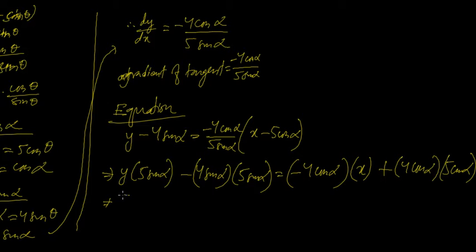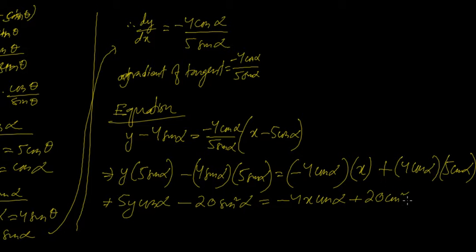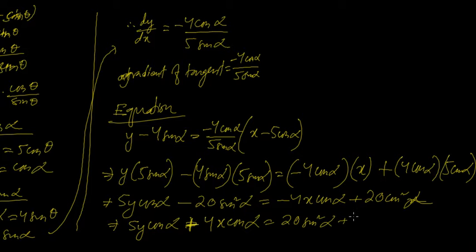Let's simplify this. This would be 5y sine alpha minus 5 times 4 is 20 sine square alpha, equals minus 4x cos alpha plus 20 cos square alpha. If I bring this to this side, this would be plus 4x cos alpha, and 20 sine square alpha plus 20 cos square alpha.